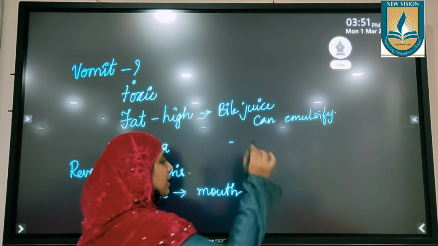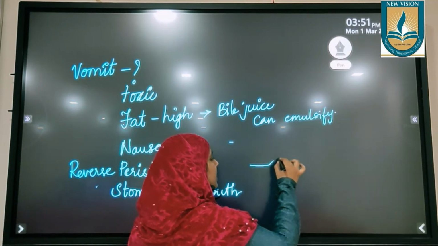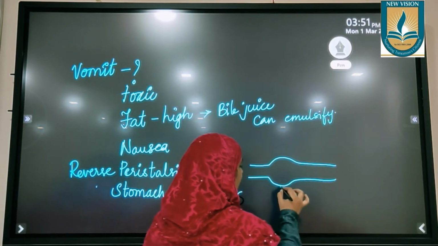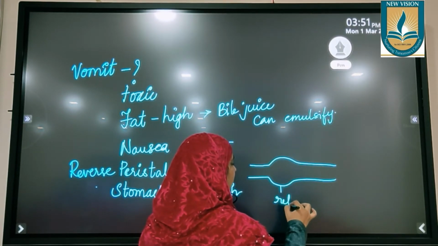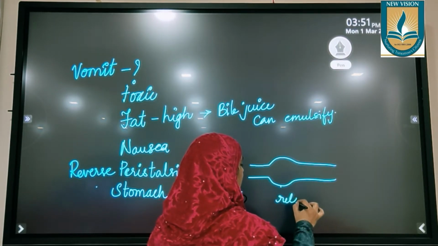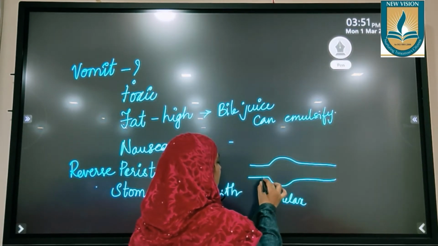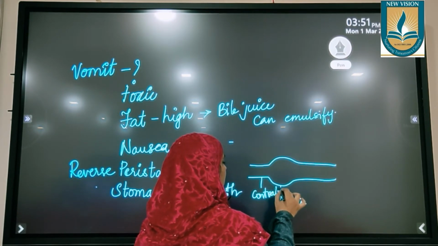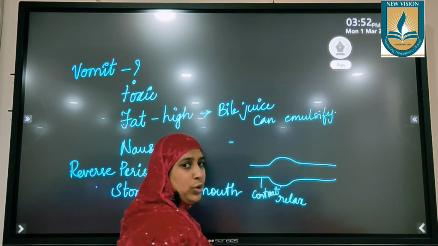Normally in peristaltic movement, the circular muscles are relaxed in the region where food is present. Before that, circular muscles are contracted to push the food inside.